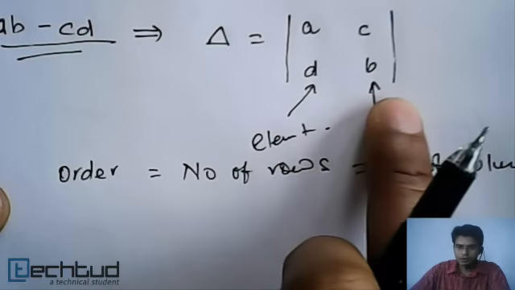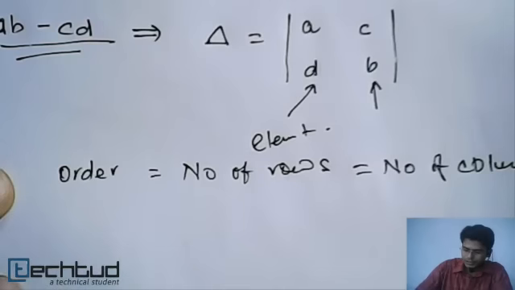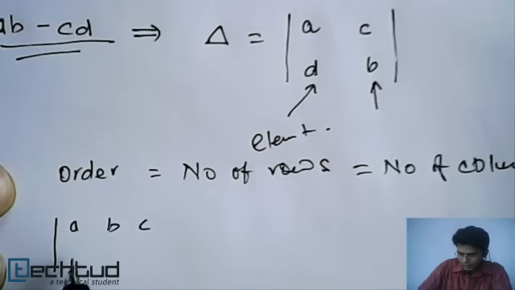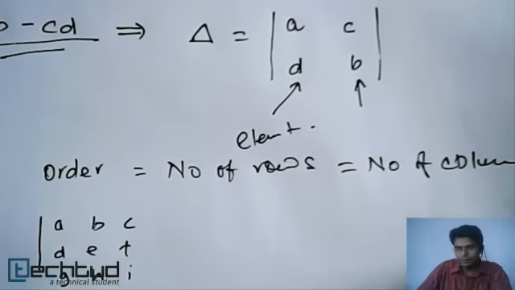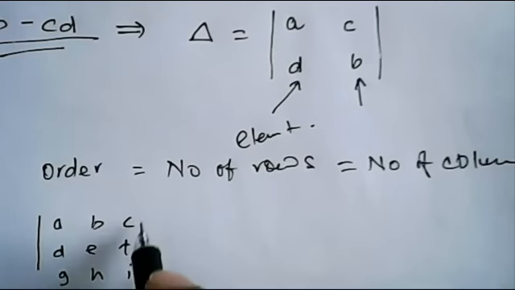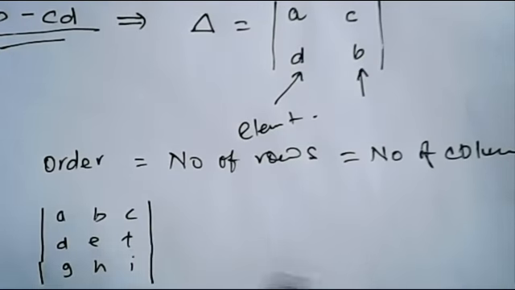Determinant can also be solved like, for example, it is an order 2 determinant. Consider an order 3 determinant: A, B, C, D, E, F, then G, H, I. So how do we solve this?